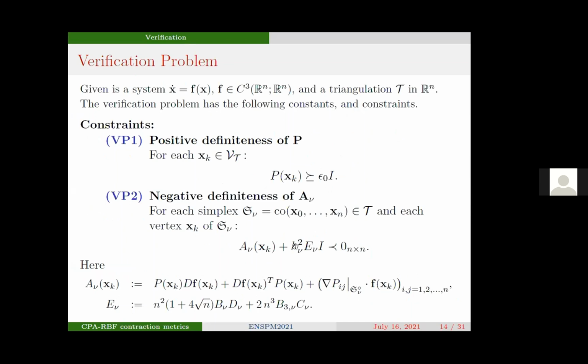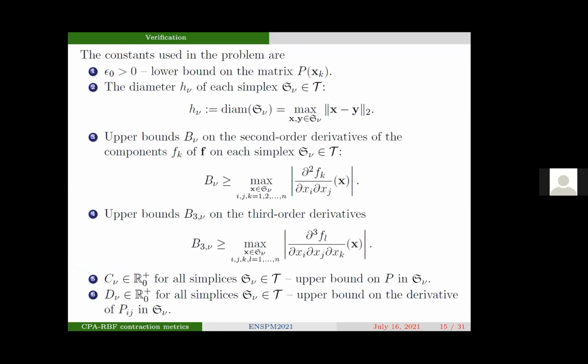If I approximate something more, then we prove that we can guarantee that it holds for every point inside the simplex. In order to get that upper bound, we need these second order and third order derivatives of f. Okay. And that goes with the theorem.